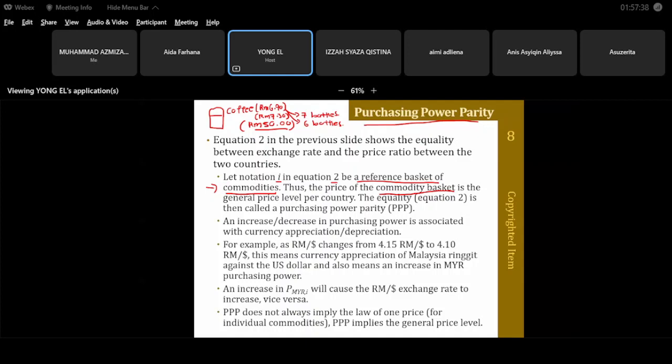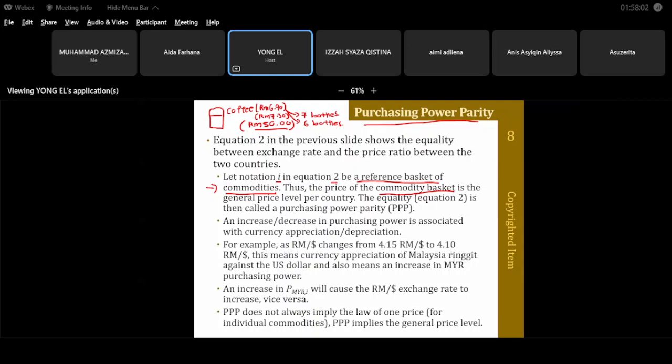When you go to the cashier and you want to check out, the cashier will give you a bill. The bill will state the total price that you have to pay after calculating every element in the basket, maybe 61 ringgit, for example. That is the price of the basket.